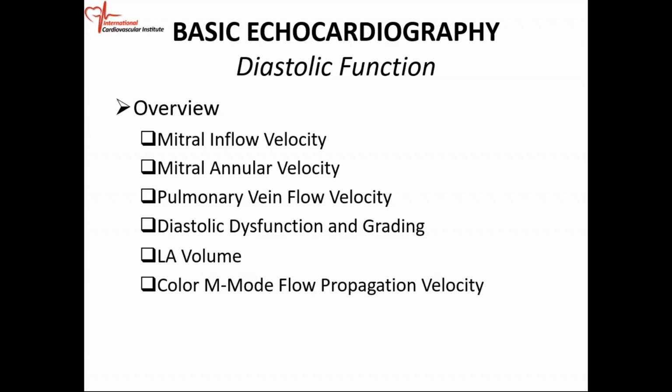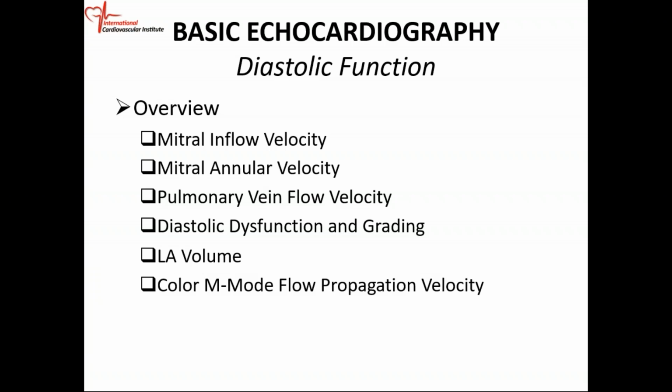So diastolic function starts as soon as the aortic valve closes and you inscribe your IVRT. Then the mitral valve opens and you get suction of blood from the left atrium into the left ventricle, giving rise to your E velocity. You get a rapid equalization of pressure between the LV and the LA, no flow. We call that a diastasis.